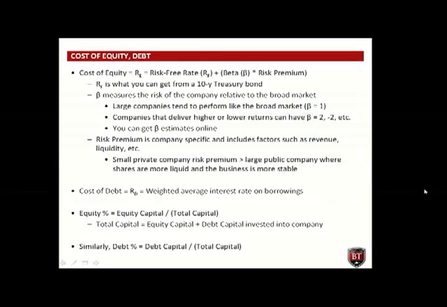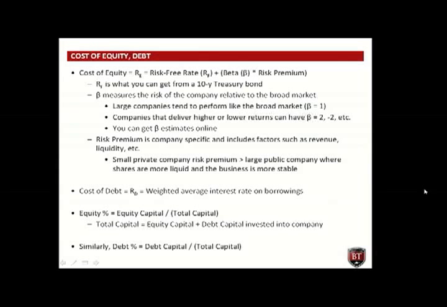But you may have growth companies, or you may have laggard companies. So a growth company, when the market gains 10%, might gain 20%. In that case, you'd say that the beta for the growth company is 2.